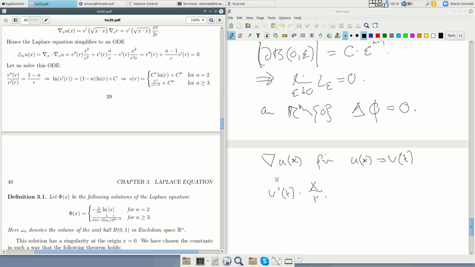Since we have to decrease the exponent by 1, the exponent is 2 minus n, so this cancels and we get a minus: minus 1 over n omega n x to the power of n minus 1.